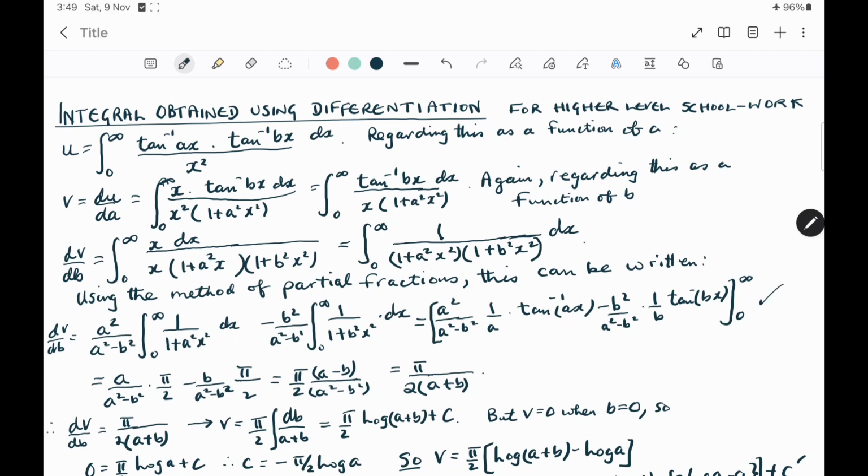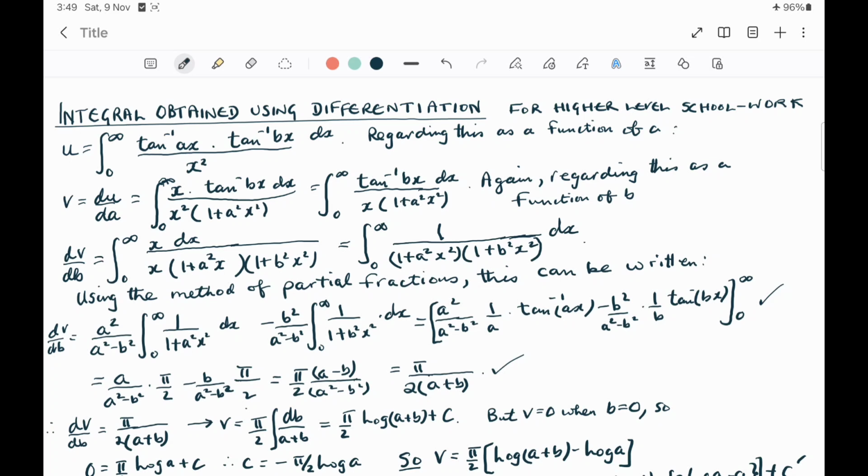Now, putting in the limits, we'll get a over a squared minus b squared times pi upon 2, minus b over a squared minus b squared times pi upon 2, and that simplifies to pi over 2 times a plus b.